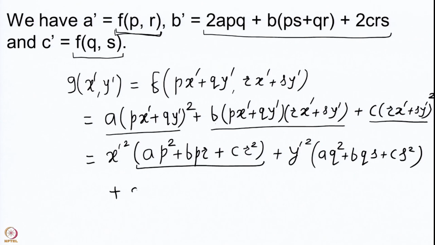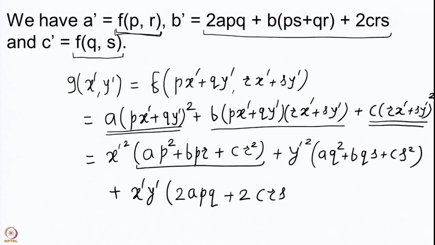And now we need to compute the coefficient of x prime y prime. So, the contribution from this term will be a p q into 2. So, we get 2 times a times p q. The contribution coming from here will be 2 times c times r s.